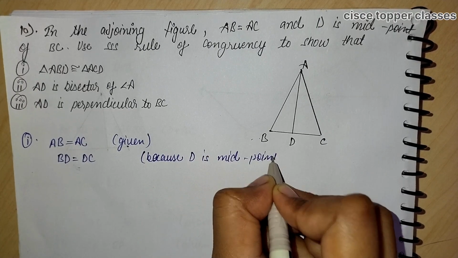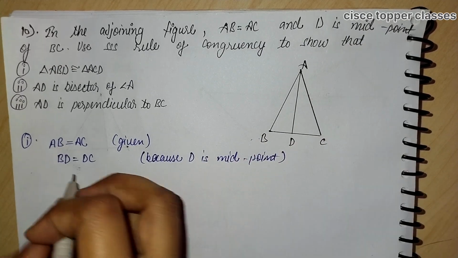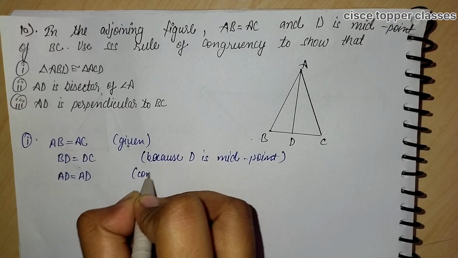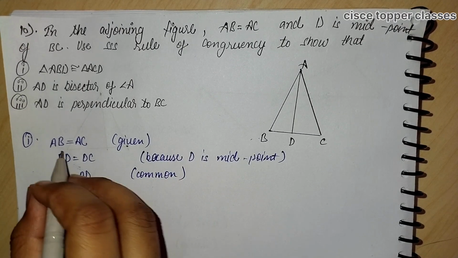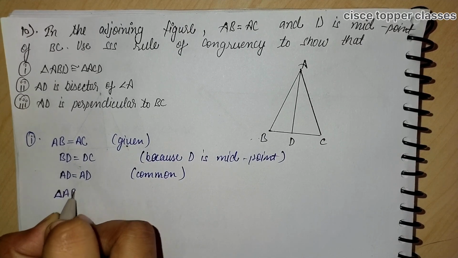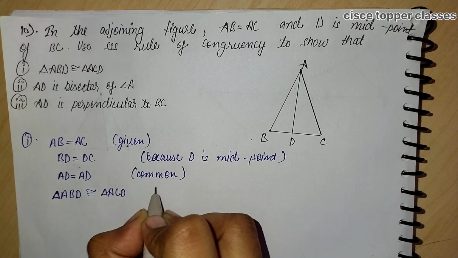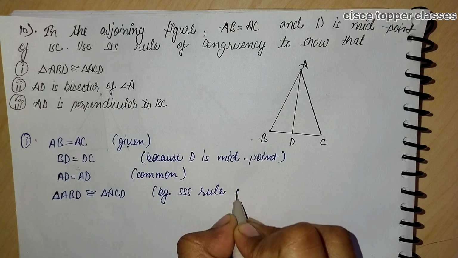Now the third part which we can write here is AD is common, means AD is equal to AD. So this is common here in both the triangles, hence it is equal. From these three pieces of information, we can simply prove that triangle ABD is congruent to triangle ACD by SSS rule of congruency.